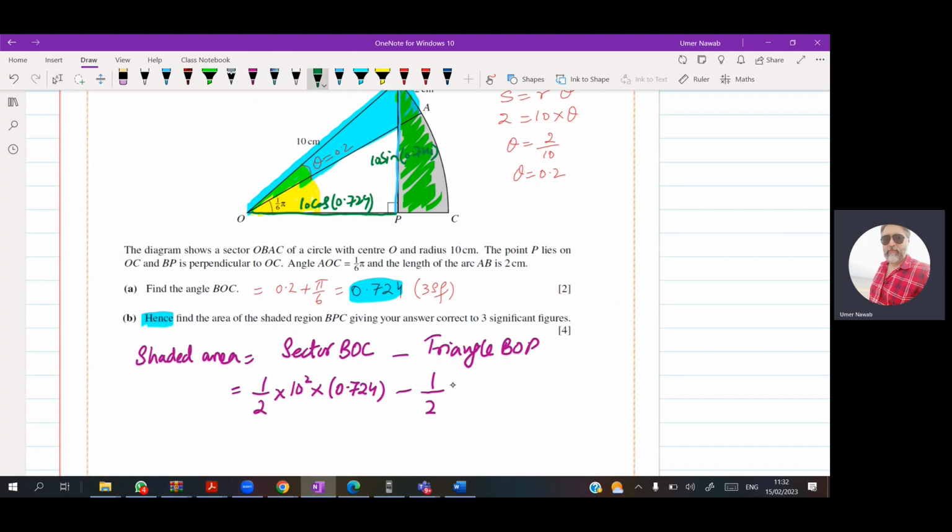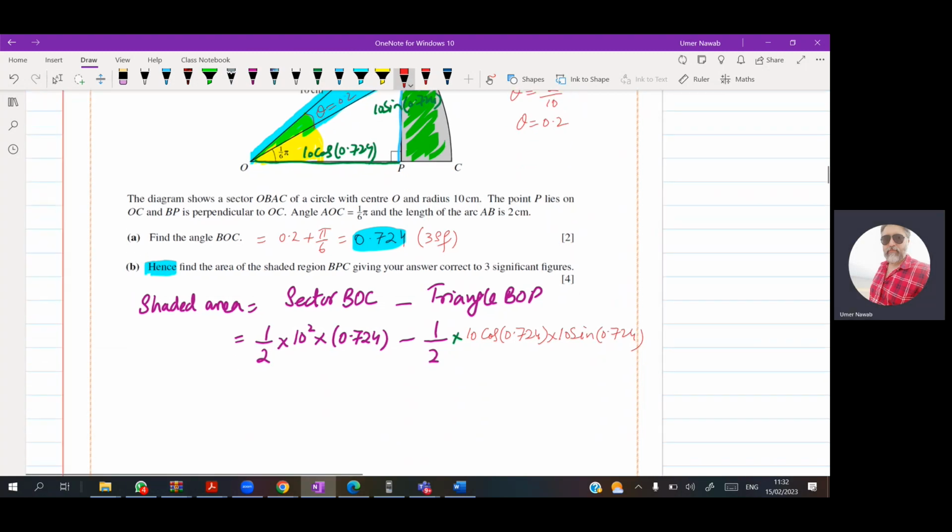So half times base times height, half times base, and height is, that will give you the area of a sector.